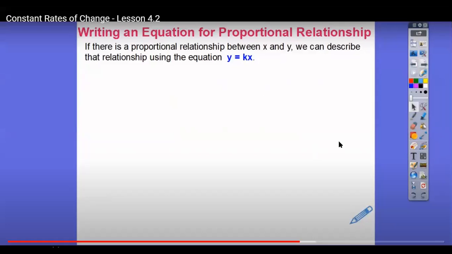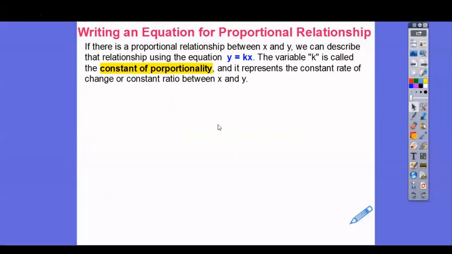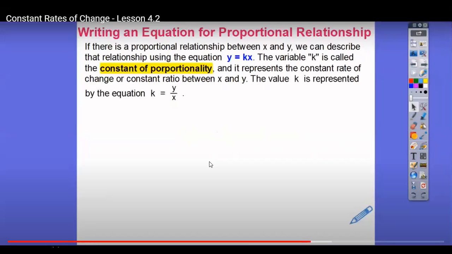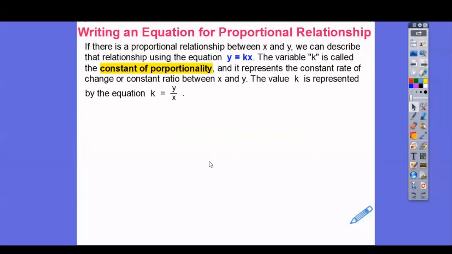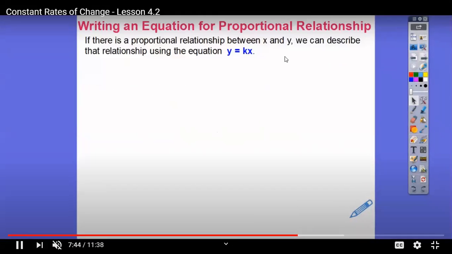Let's move to another part, which is how we write an equation for a proportional relationship, once we have decided that the relation represents a proportional relationship. We have a general form, and this general form is y equals kx.